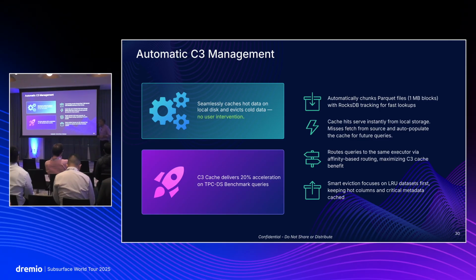For eviction with LRU, it identifies the datasets that are least frequently used, and inside the dataset, it identifies the blocks that are least recently used and eliminates them.